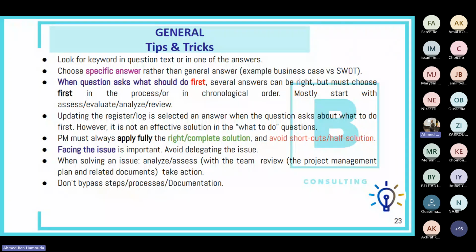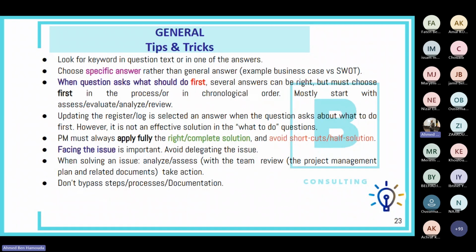For any tip and trick we will see in these slides, I will bring relevant questions. In the exam, try to choose a specific answer rather than a general answer. There was once a question about a new project, where the company wants to launch a new technology project, and what should the project manager do?